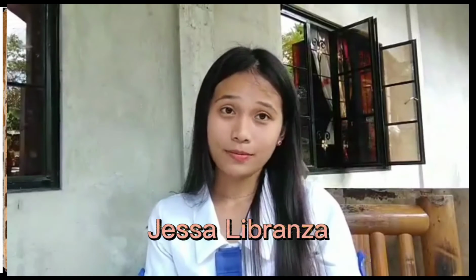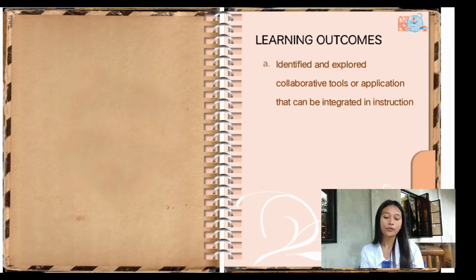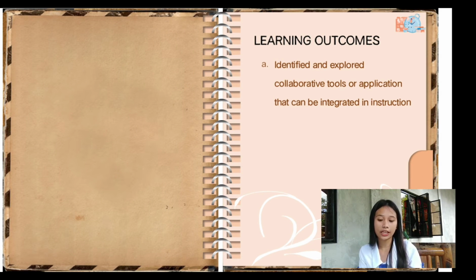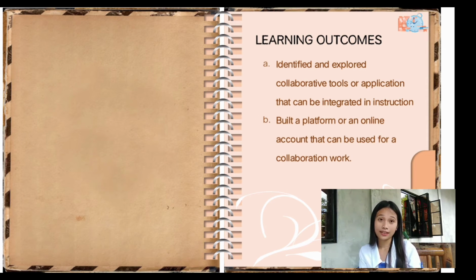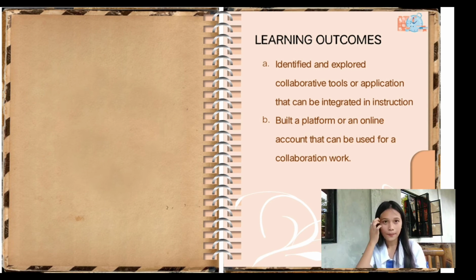So the learning outcomes. In this topic, the students are expected to identify and explore collaborative tools or applications that can be integrated in instruction, and build a platform or an online account that can be used for collaboration work. There are many collaborative tools or applications that the students may use.